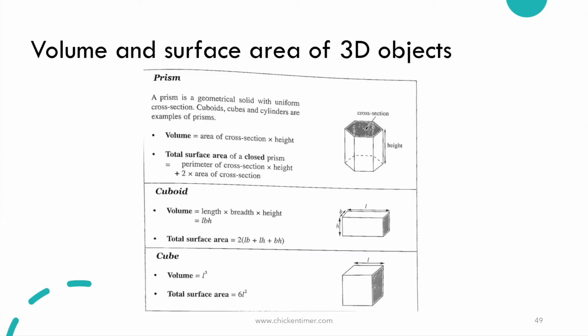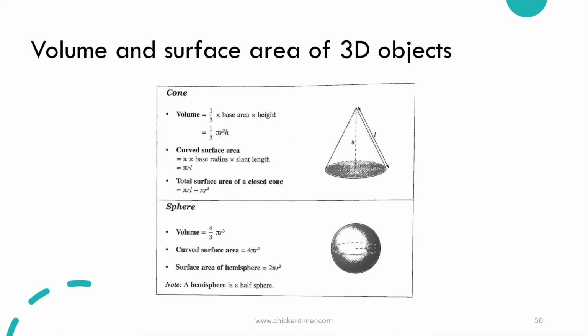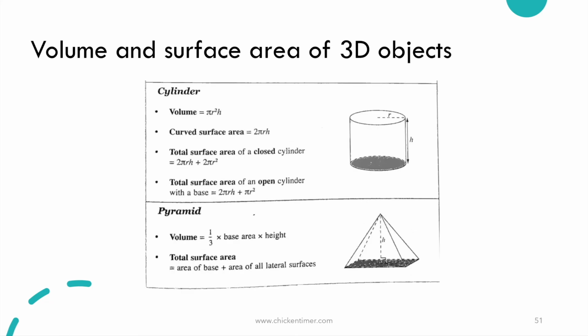So the next question requires you to know something about volume and surface area. So I've included the surface area and volume for 3D objects in this that you can refer to. So these are the ones that are required by you.